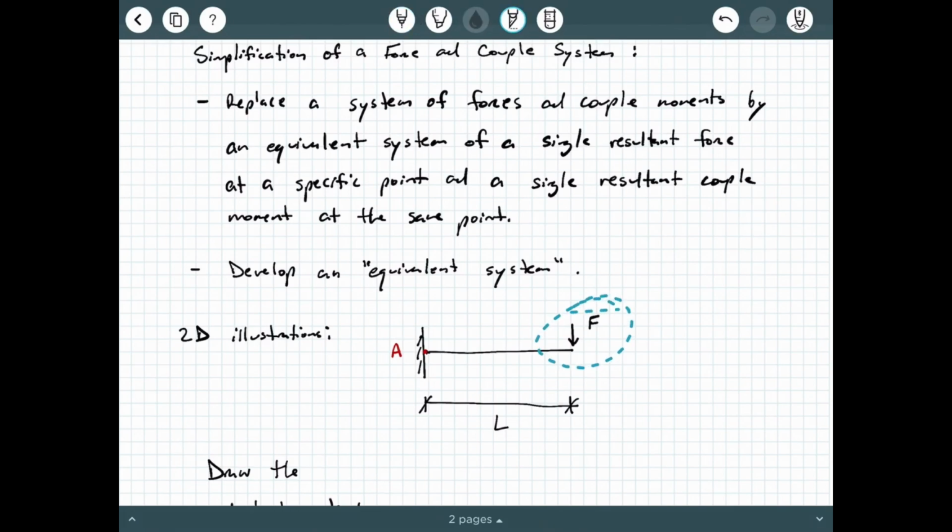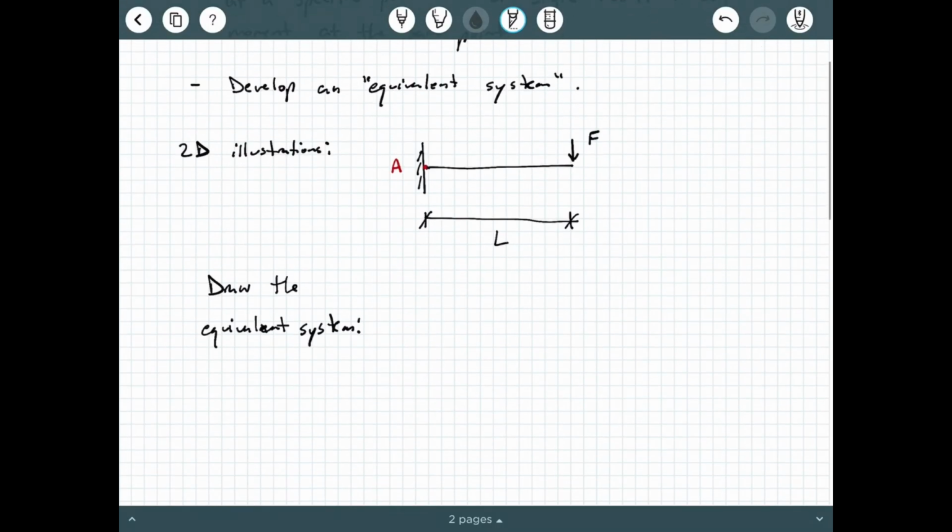In this particular illustration, we just have a force. We don't have any applied couple moments yet. But we're going to replace this by an equivalent system of a single resultant force at a specific point, which in our illustration is point A, and a single resultant couple moment at the same point A, and that's what we call this equivalent system.